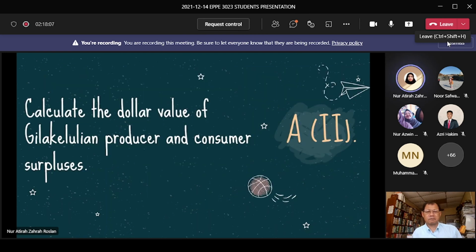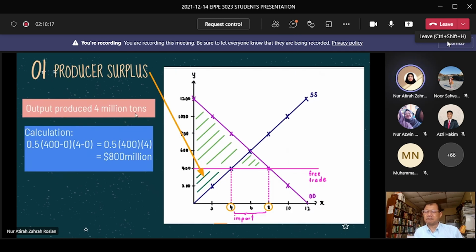Okay, the next question is to calculate the dollar value of Gila Keluli's producer and consumer surplus. You can see this is the graph for producer surplus.